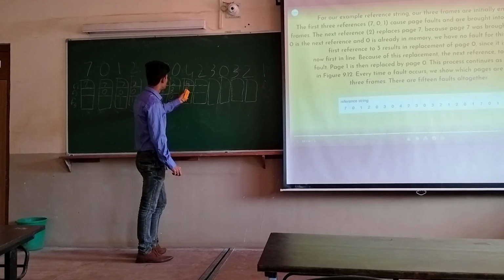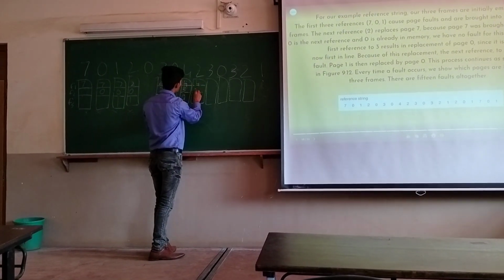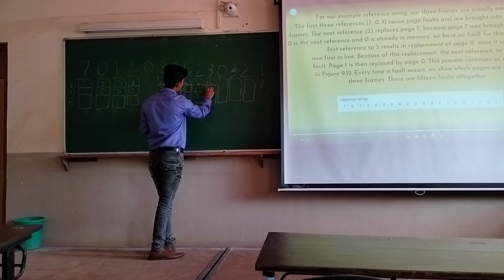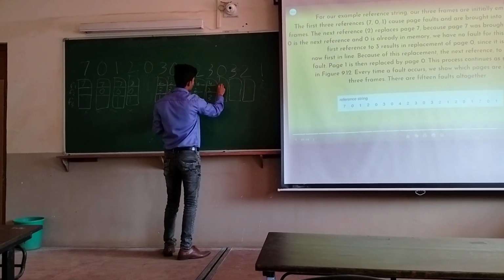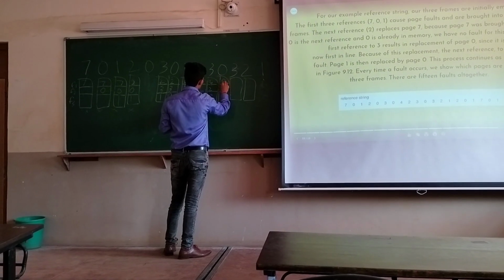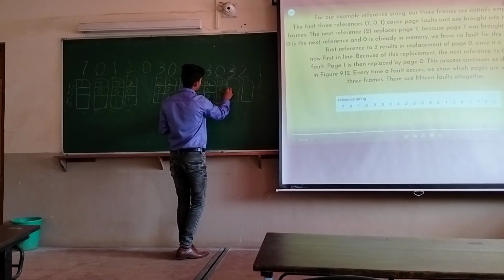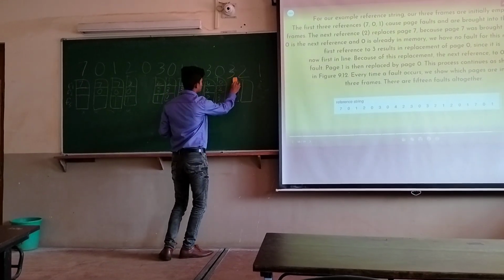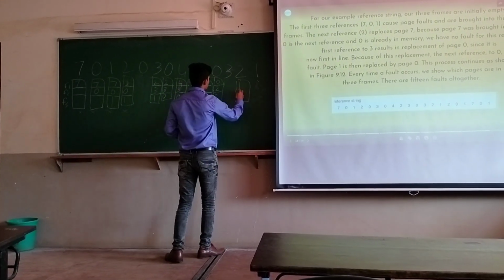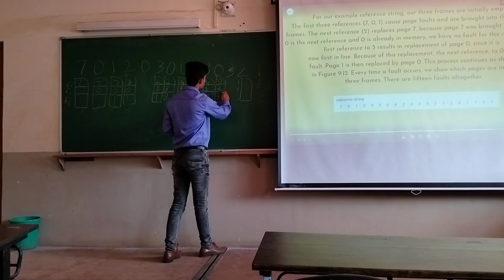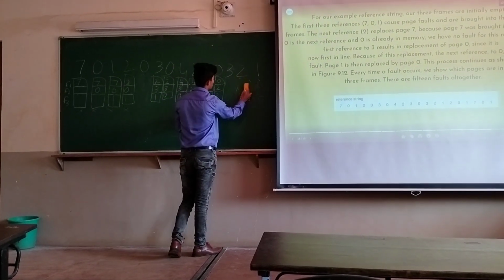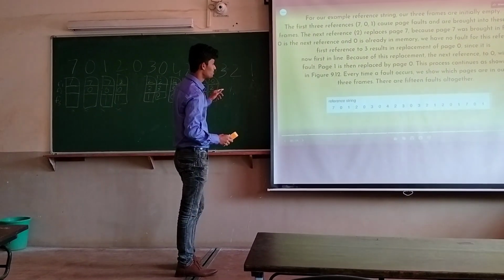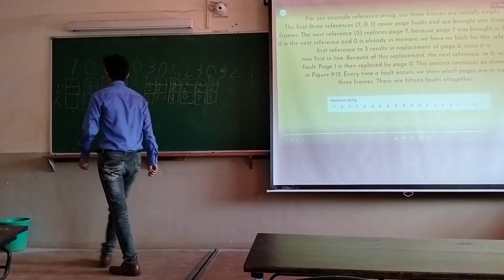Next we have to replace 3, giving 4, 2, 0. Next we replace 0, giving 4, 2, 3. Then 0, giving 0, 2, 3. 3 is already present, so we will not replace. 2 is also present. Next is 3, 2, 1.